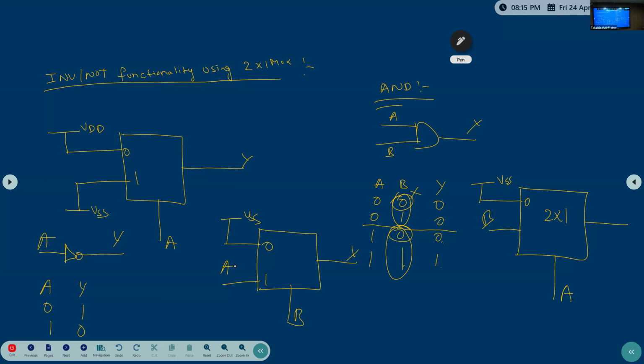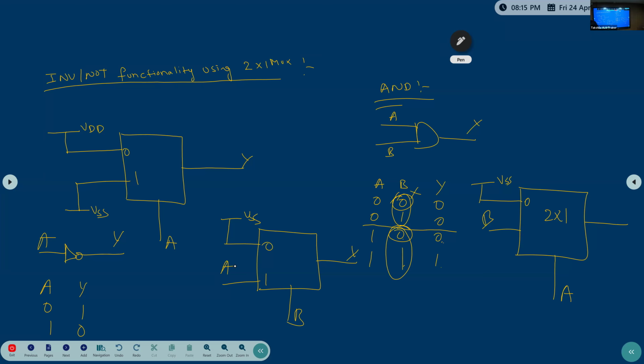So then full adder functionality, sum and carry, we won't give them now. Next class, full adder: how we can represent sum and carry, and how we can implement a 4:1 mux using 2:1 muxes. These are all skills. Clear? Mux is very, very important.